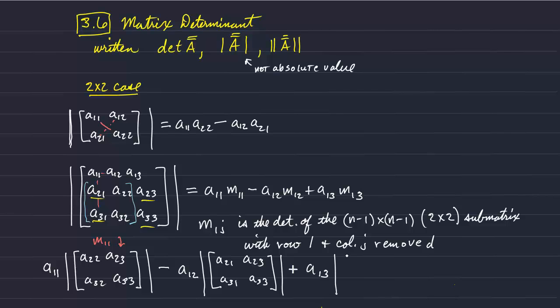And we're taking the determinant of that, and that is A21, A22, A31, A32. So we already know how to take a determinant of each of these 2 by 2 matrices.